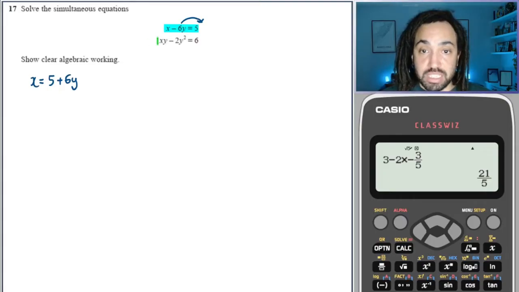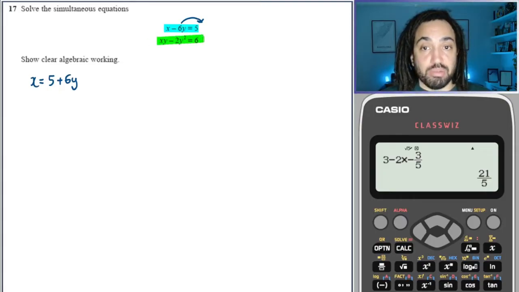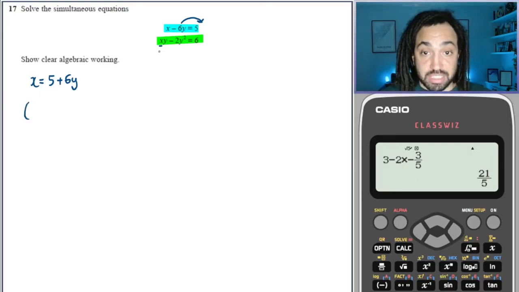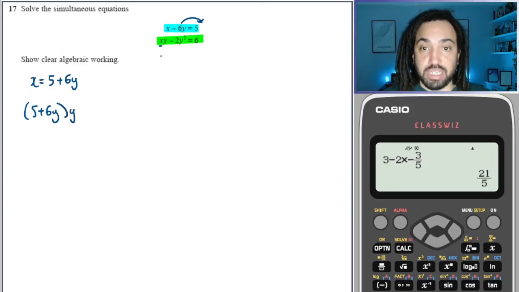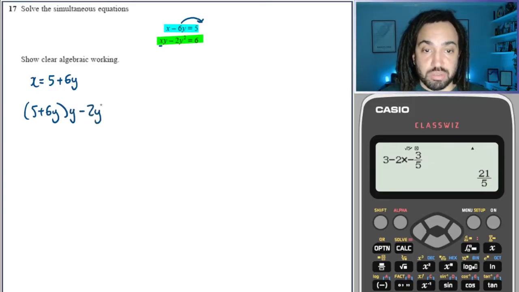Okay, so now we've got one of them as the subject. We rewrite the quadratic one, but anytime we see an x, we replace it with this 5 plus 6y. So straight off the bat, there's x, so we replace that with 5 plus 6y, and then that x is times by y, and then we minus 2y squared, and that equals 6.